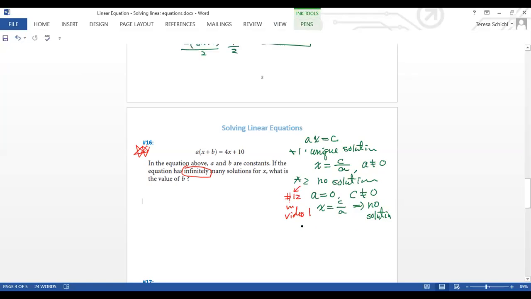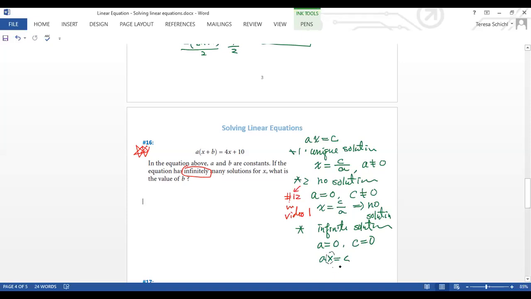Okay, now the third situation is that you have infinite solutions. For infinite solutions, with ax equal to c, that means a is equal to 0 and c is equal to 0. Because a equals 0, ax equal to c means it doesn't matter what the value of x is, right?